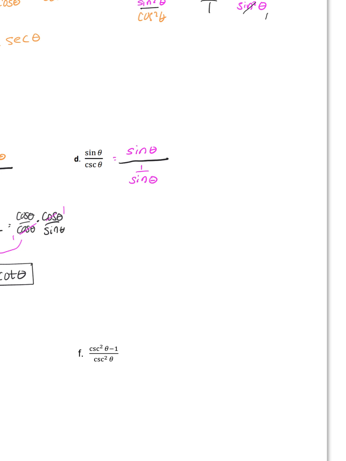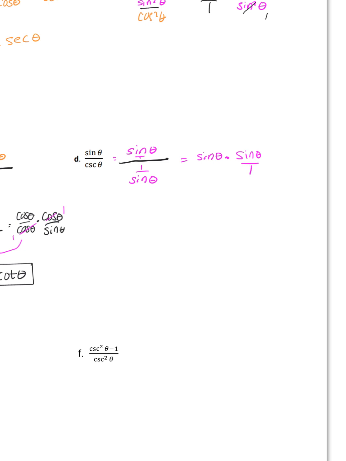Okay, so again, this is over 1 like that, so we can't do canceling of the denominators. So remember what this is actually just the same as sine theta times the reciprocal of the denominator, which is sine theta over 1.